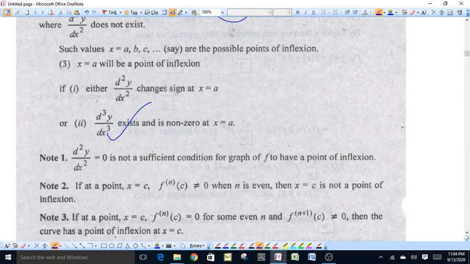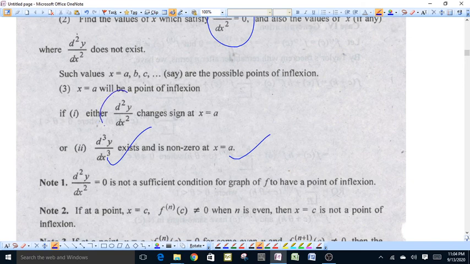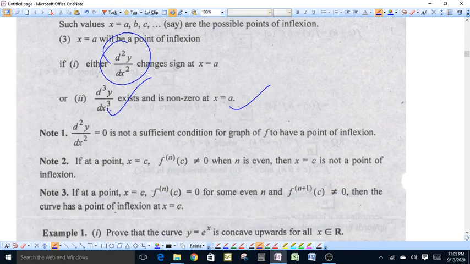If the third order derivative is not equal to 0 at any point x = a, for which the second order derivative is equal to 0, then we say that x = a is a point of inflection. Note that d2y/dx2 = 0 is not a sufficient condition for the graph of f(x) to have a point of inflection.